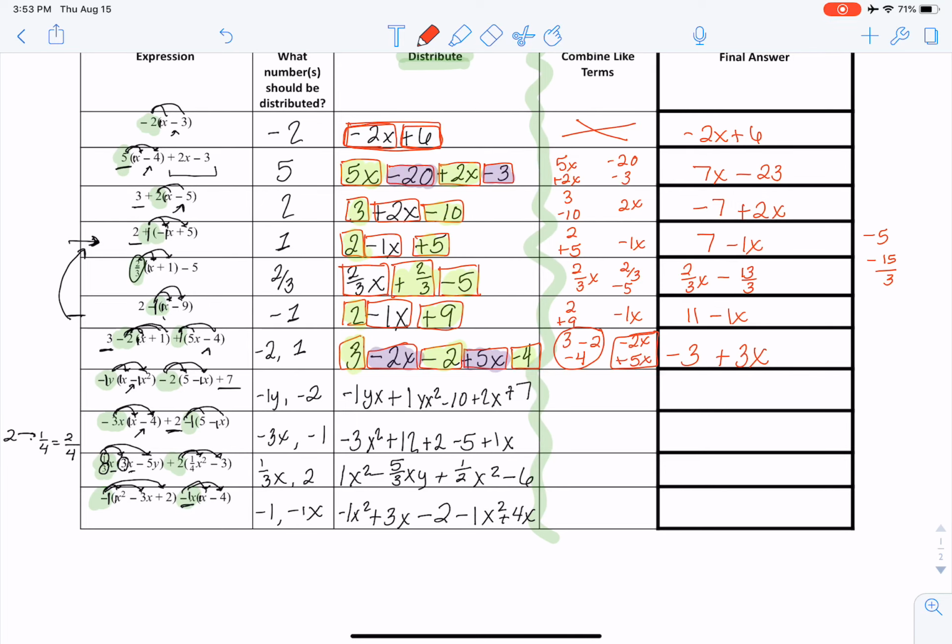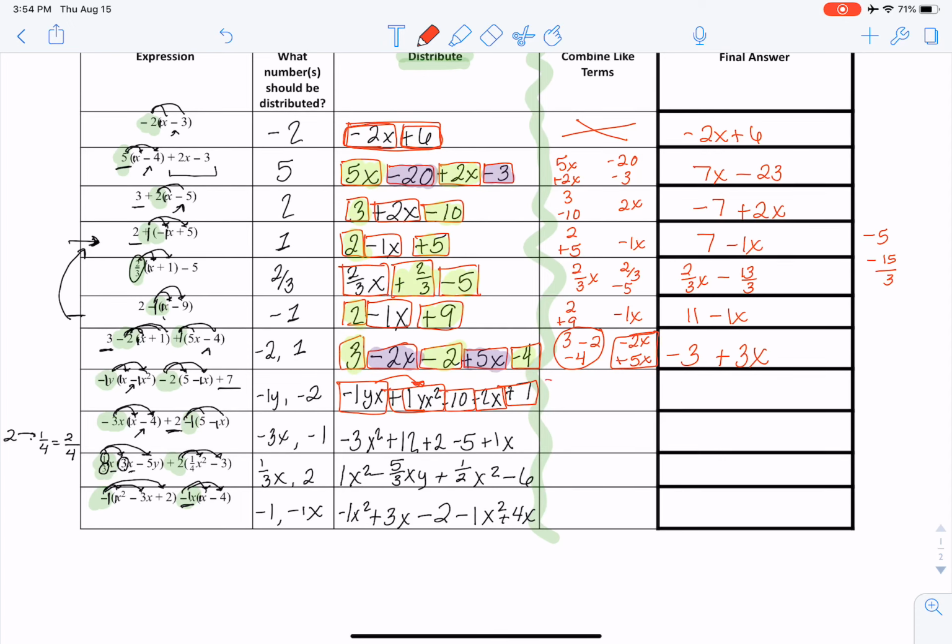Okay, now the next one has 1, 2, 3, 4, 5 terms, all right? Now, the first term is negative 1yx. Nothing else has 1yx, and it cannot group with this one here because 1yx and yx squared are not the same.